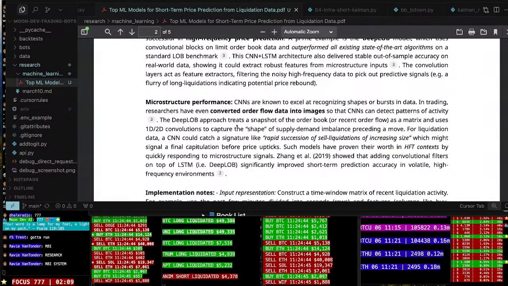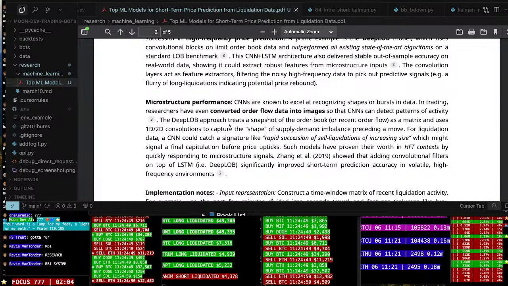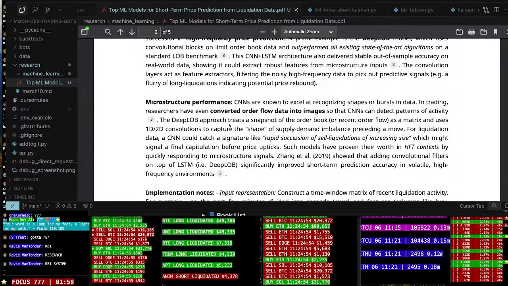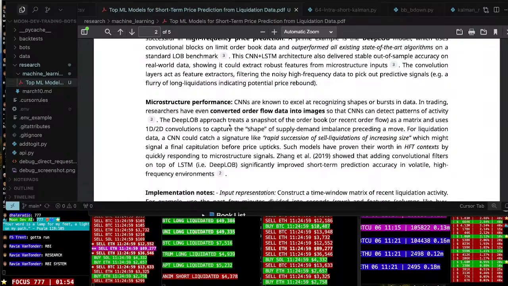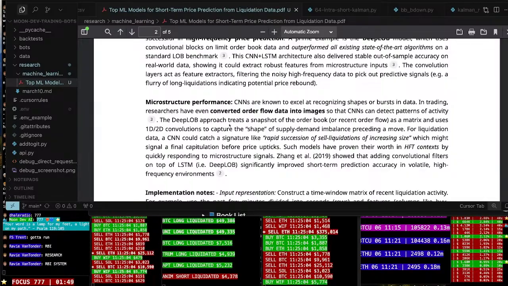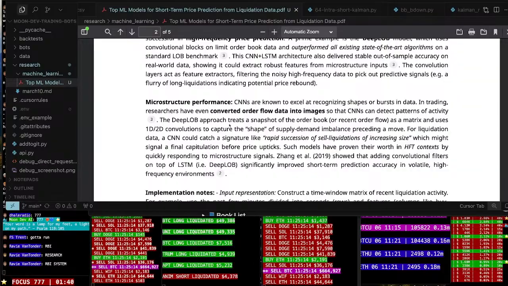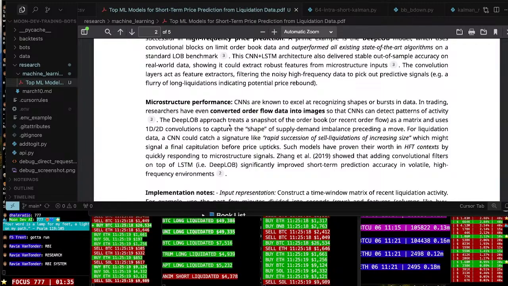The DeepLOB approach treats a snapshot of the order book or recent order flow as a matrix and uses 1D, 2D convolutions to capture the shape of supply-demand imbalances preceding a move. For liquidation data, a CNN could catch a signature-like rapid succession of sell liquidations of increasing size, which might signal a final capitulation before price upticks.